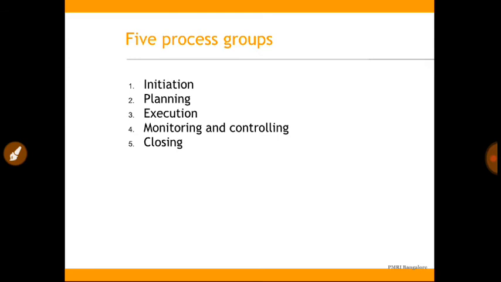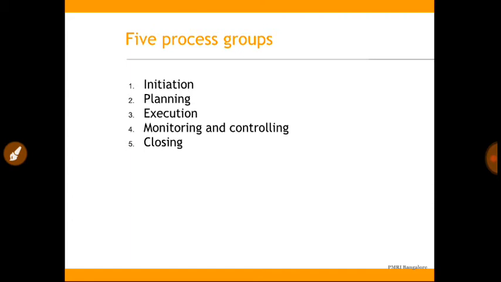And we have the 5 process groups of initiation, planning, execution, monitoring and controlling, and closing. So initiation has a set of processes like develop project charter and identify stakeholders.